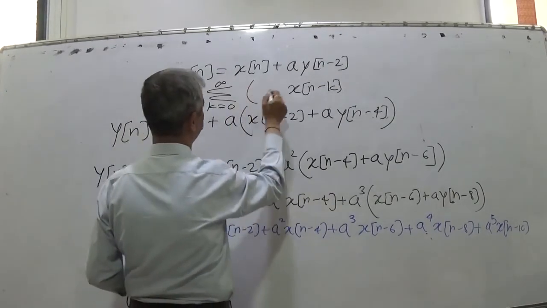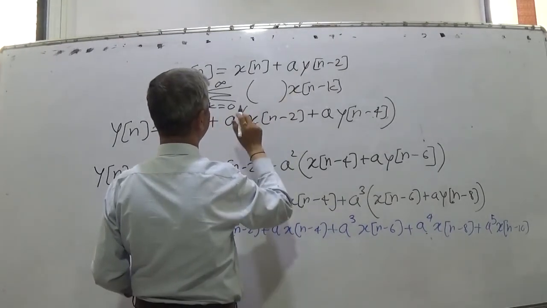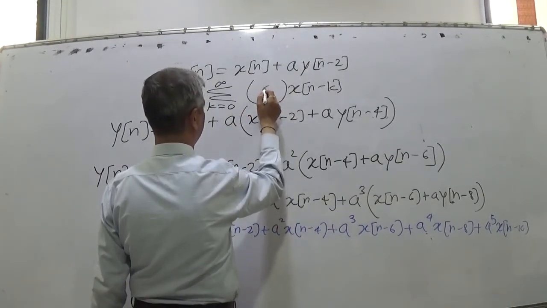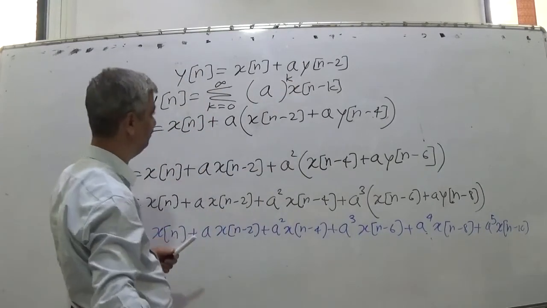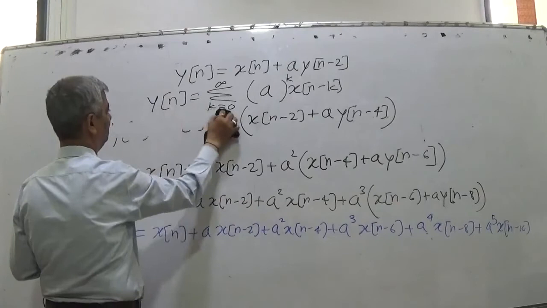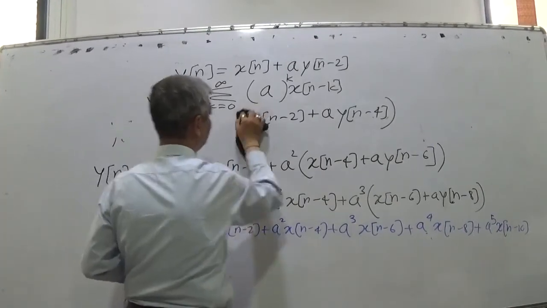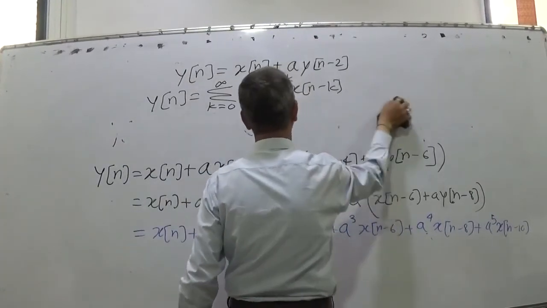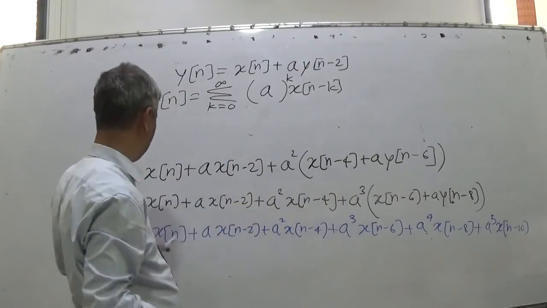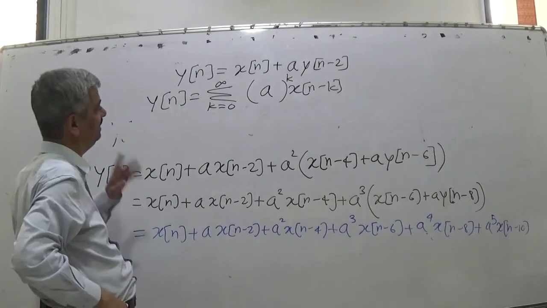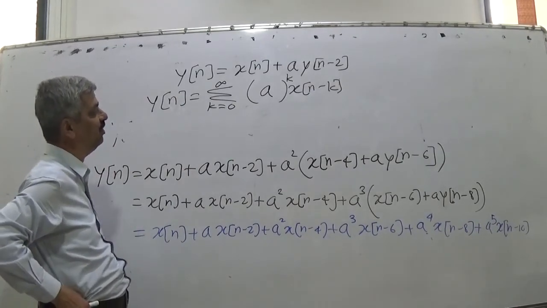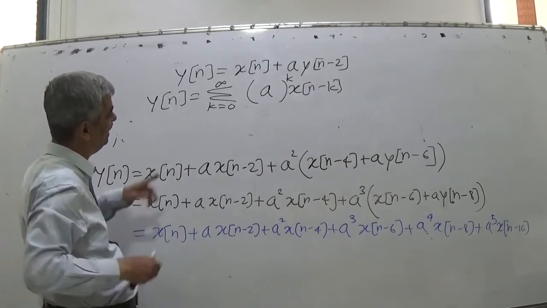So this is something like a raised to k x of n minus k. When k is 0, it is xn only. But when k is 1, it is not there.